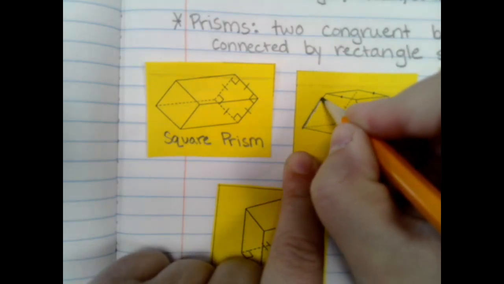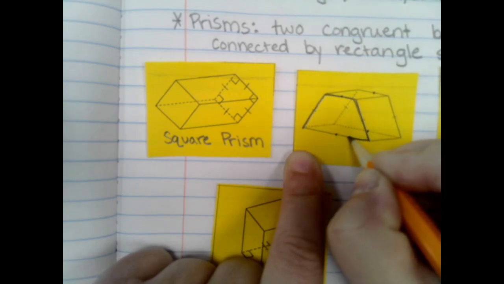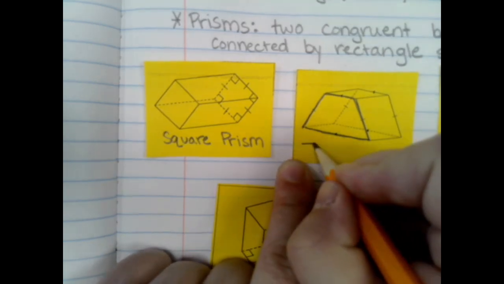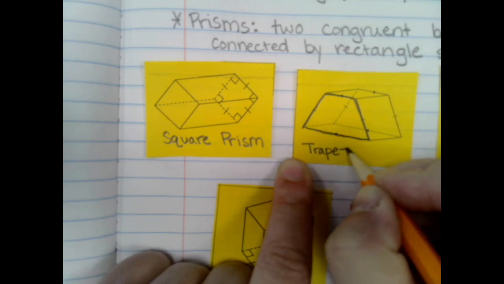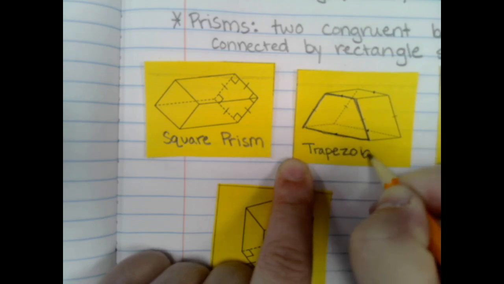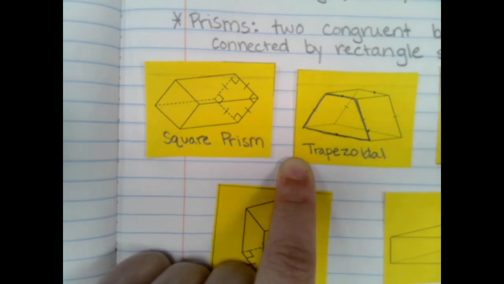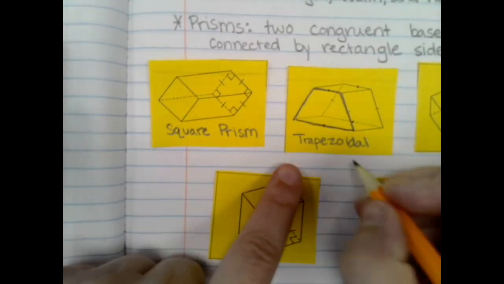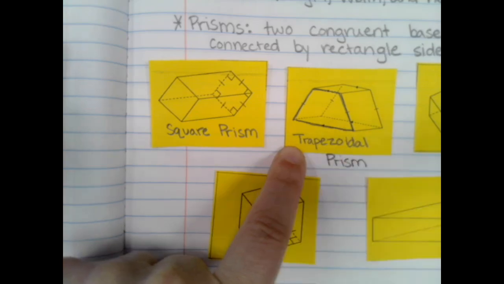So if you need to outline that trapezoid, we're going to change that word to trapezoidal. It's a goofy word. Trapezoidal. So again, that's the first name, and then the last name is prism, because it's in the prism family.